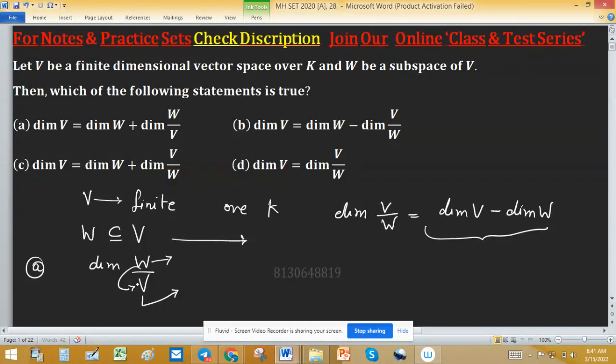This is true only when they are trivial, meaning V equals W. And in this case, option A might be true or might not be true. It means option A will be discarded here, because the dimension of W over V you cannot always find.